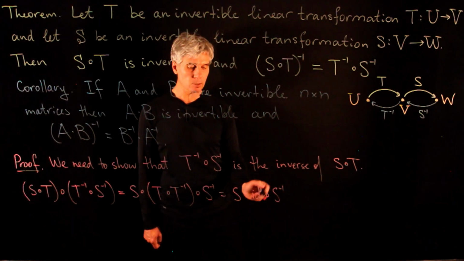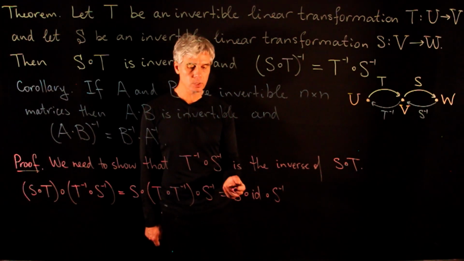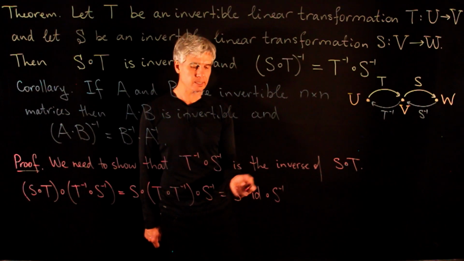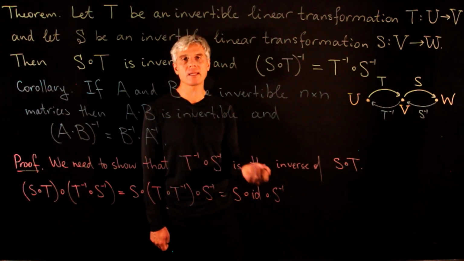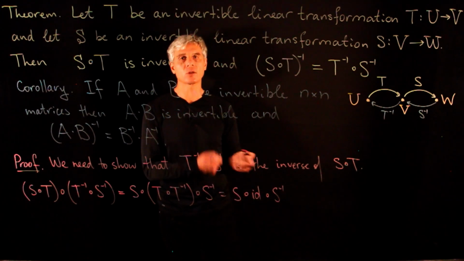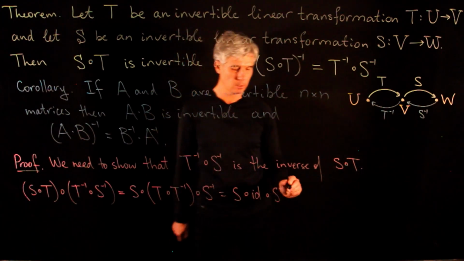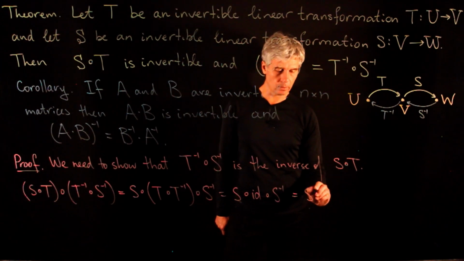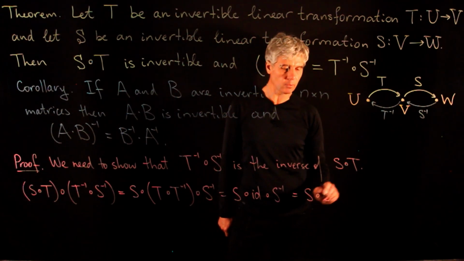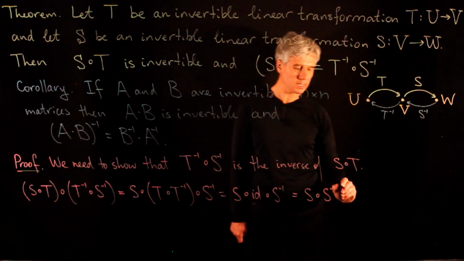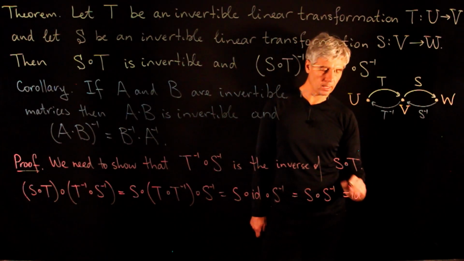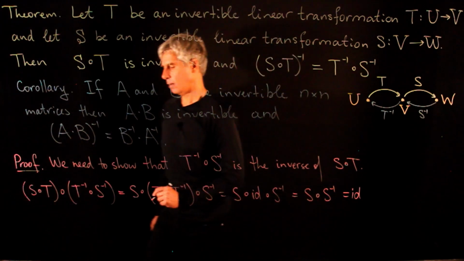And identity transformation composed with any transformation S gives us S, because identity is a lazy transformation that does nothing. It takes a vector and transforms it into itself. So we get S composed with S inverse. And because S inverse is the inverse of S, we get the identity transformation here.